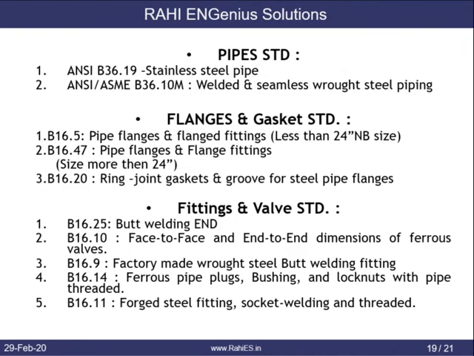Various pipe standards which are referred in ASME Section 8 Division 1: B36.19 stainless steel, B36.10 welded and seamless wrought piping, then flange and gasket standards. So these are the standards which are required for a complete design of vessel. So ASME has given cross references to these standards.